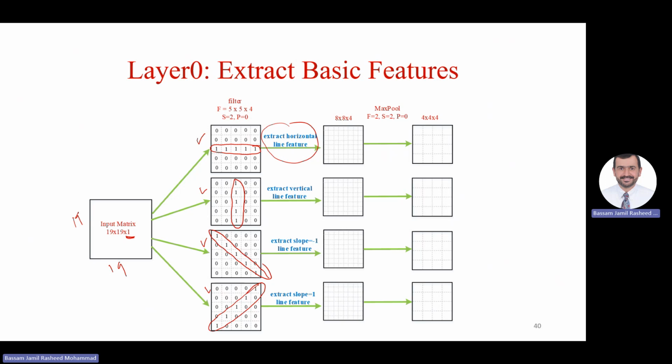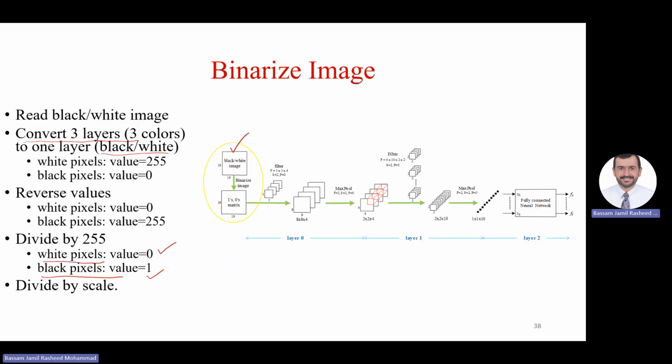Now, I apply all these filters and I will get an 8 by 8 feature map with 4 channels. Then I apply max pooling on them and get a 4 by 4 feature map with 4 channels. So that is this step right here of my convolutional neural network.